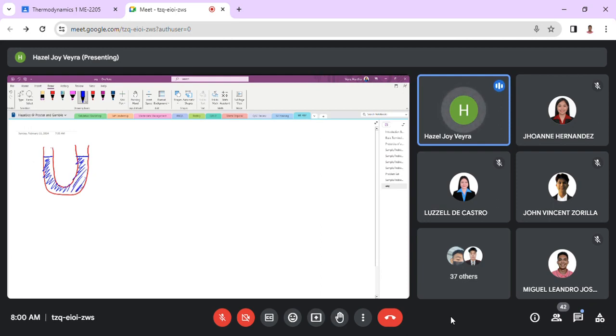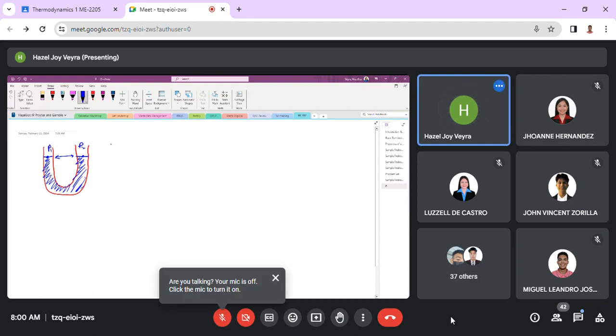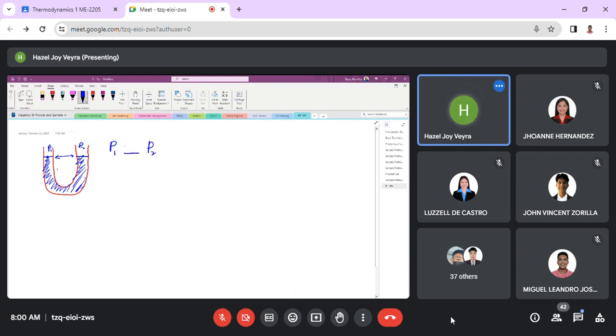The pressure here and the pressure here, since we have an equal height, you have here your P1 and you have here your P2. P1 is it equal, greater than, or less than P2 when you have an equal height? Correct.